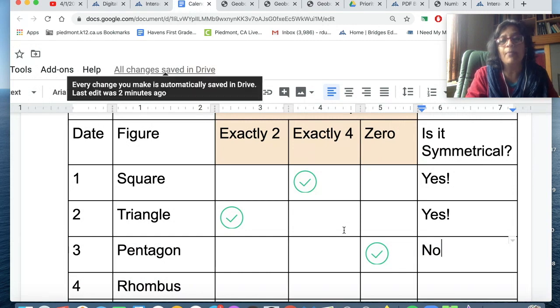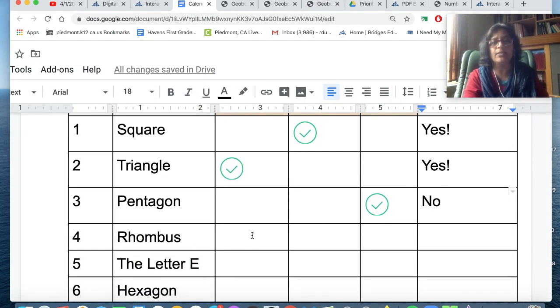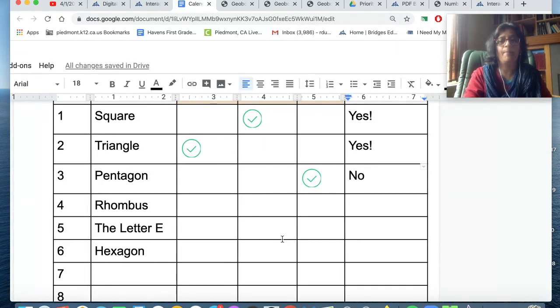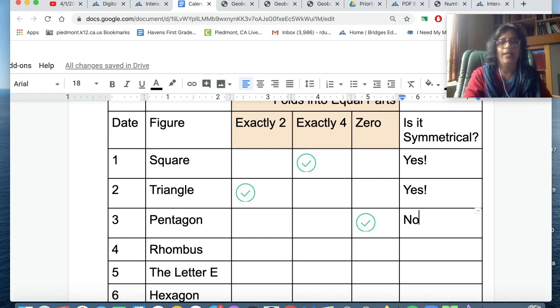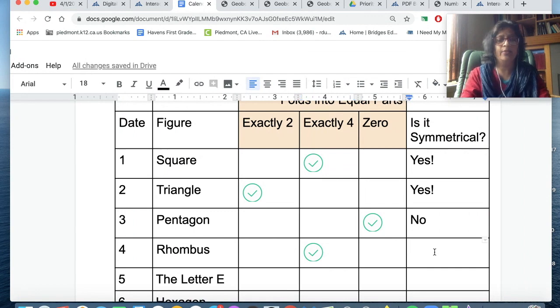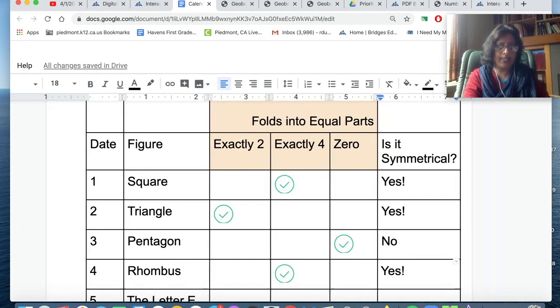So let's come back to this, and we'll say a rhombus can be actually folded into exactly 4 parts. And yes, we're excited to inform you that it is a shape that is symmetrical.